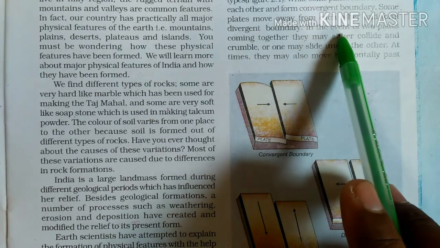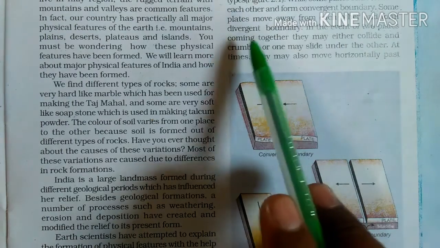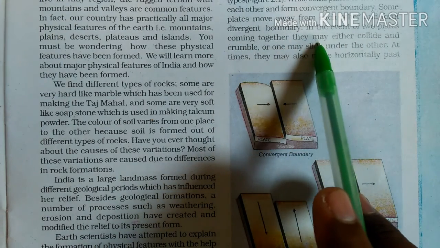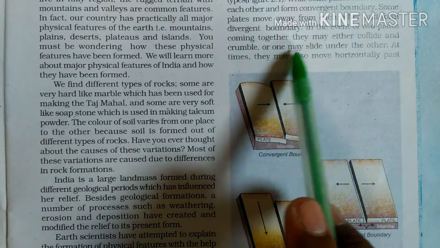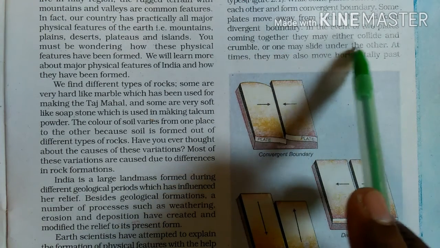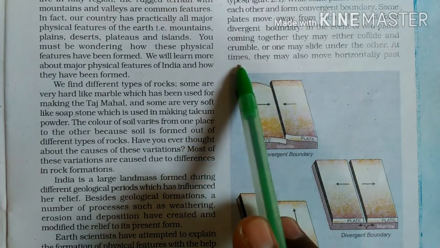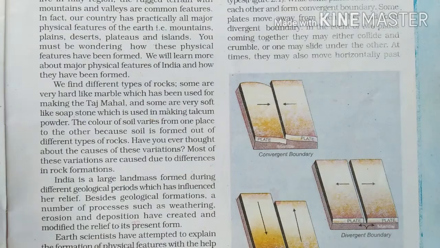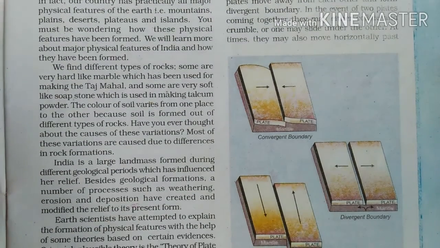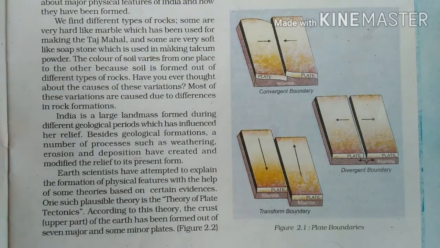In the event of two plates coming together, they may either collide and crumble, or one may slide under the other. At times, they may also move horizontally past each other. See here, that figure shows the transform boundary.